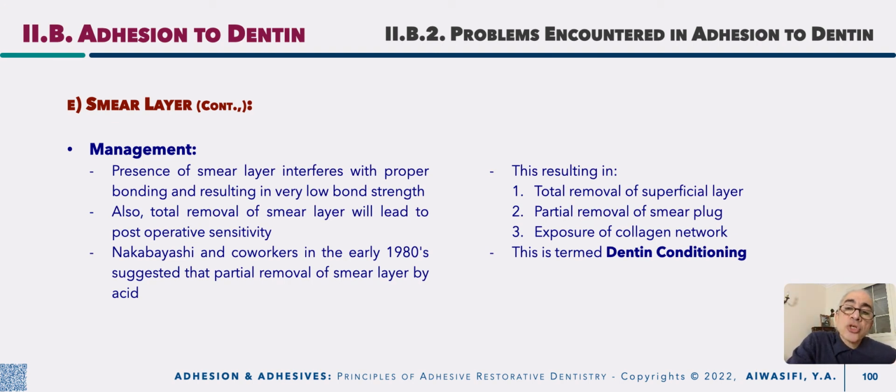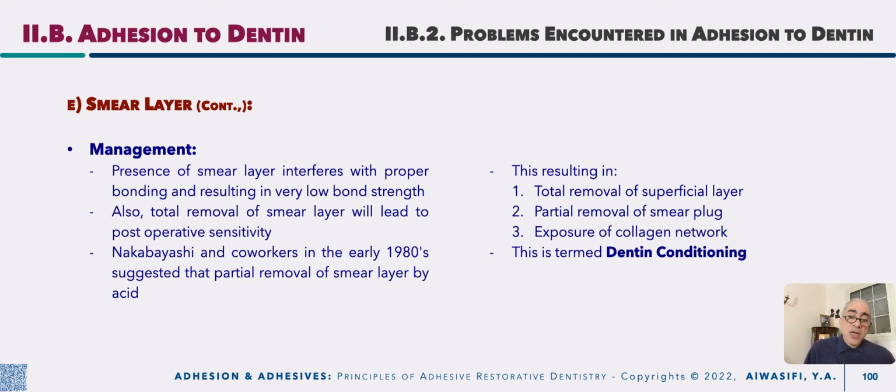Enamel was not porous. Enamel doesn't have any pores. You are creating pores by acid gel. That's why it is called etching. While dentin already has pores, you need just to improve its penetrability. That's why it is called dentin conditioning. We will discuss it soon, within a few seconds, in detail.